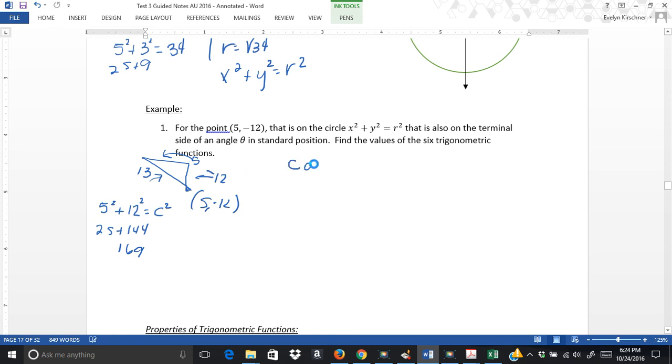So I know now cosine of my angle, because here's my angle right here, cosine is adjacent 5 over hypotenuse 13, and sine of theta is opposite, which is -12 over 13, right? And then tangent is opposite over adjacent. And then I can find my other ones very easily by doing the reciprocals.